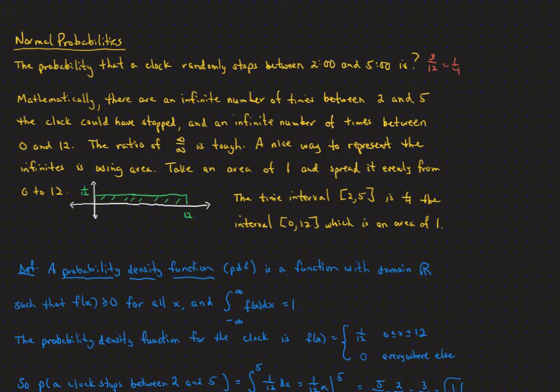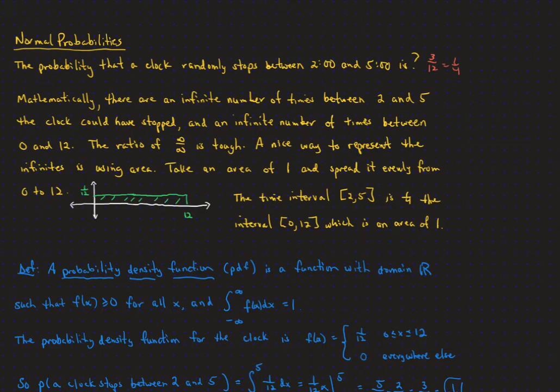So if you take an area of 1, and that's going to be the key in a probability, and spread it evenly from 0 to 12, you get this kind of thin rectangular strip that you can see in the green here. So again, you see it's 1/12 in width, it's got 12 length, and so that makes it have an area of 1, representing all the possibilities of when the clock could have stopped.